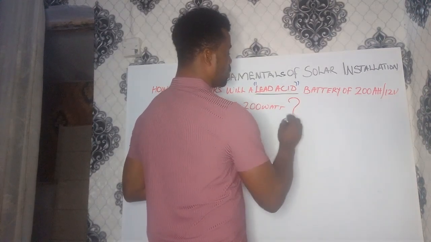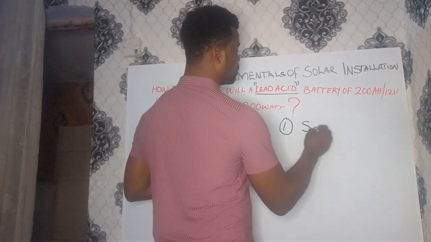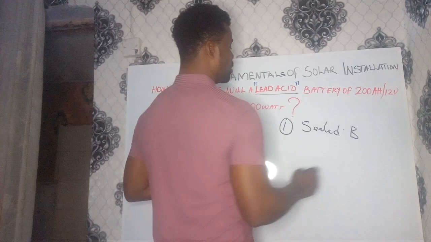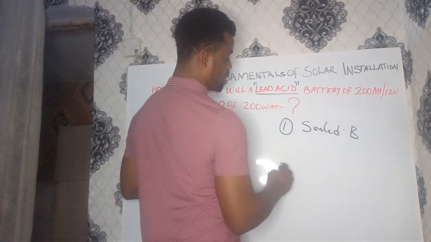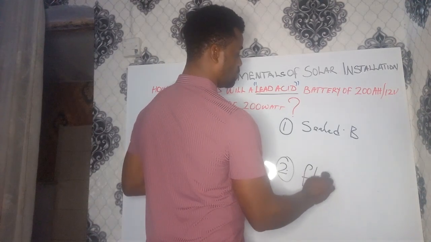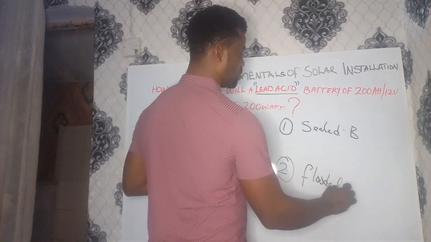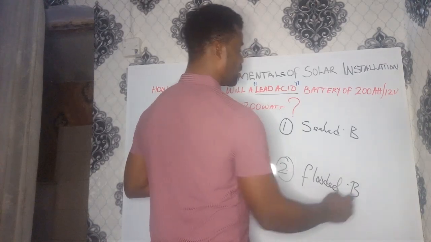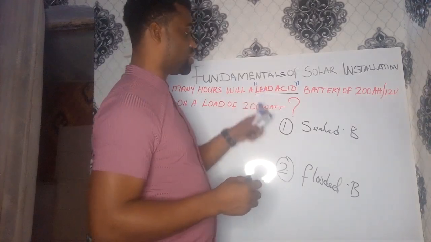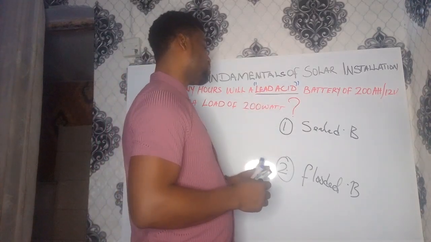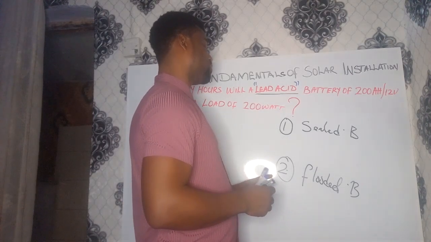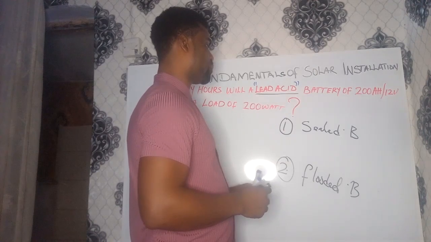Number 1, we have the sealed battery, and number 2, we have the flooded battery. Please take notice. Under lead acid batteries, there are 2 categories: the sealed battery and the flooded battery.